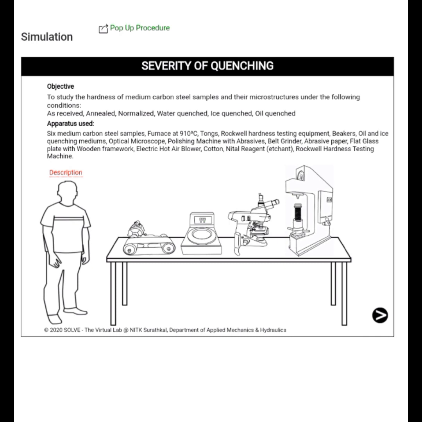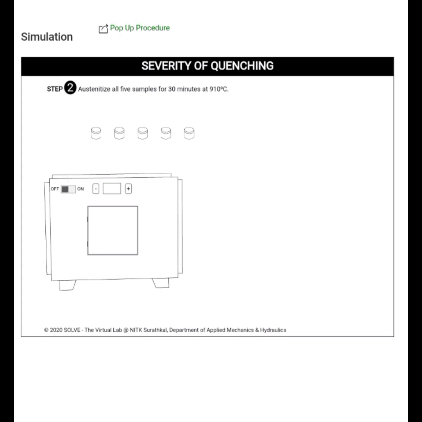So the first step is to obtain 6 identical samples of medium carbon steel and keep one sample aside as the control sample. Step 2: Austenitize all 5 samples for 30 minutes at 910 degrees Celsius. Turn on the machine and set it to 910 degrees Celsius.